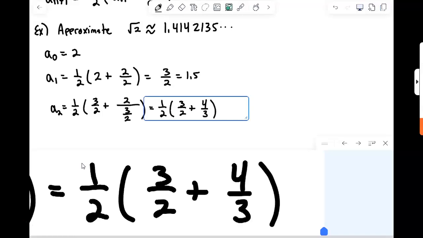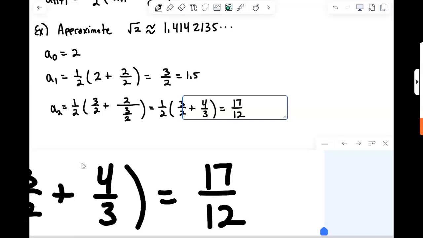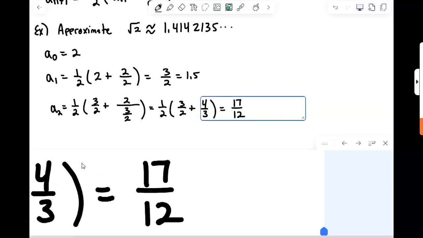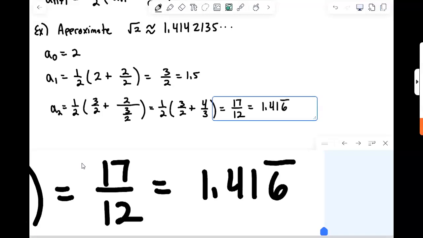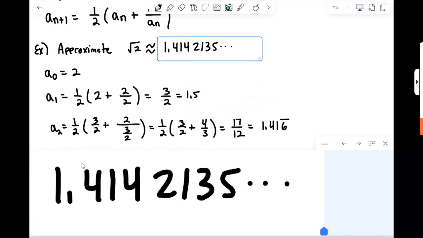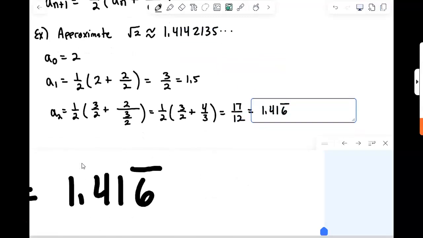If we add the fractions, 3 halves plus 4/3, and then take half of that, we will get 17/12. As a decimal, 17/12 is 1.416 repeating. So you can see now that we've gotten the first 2 digits of our number down, 1.41, just after A2.